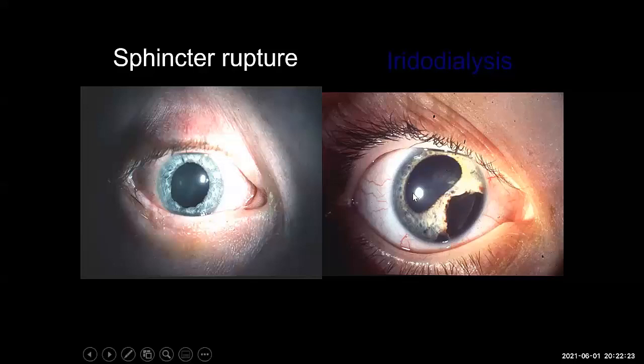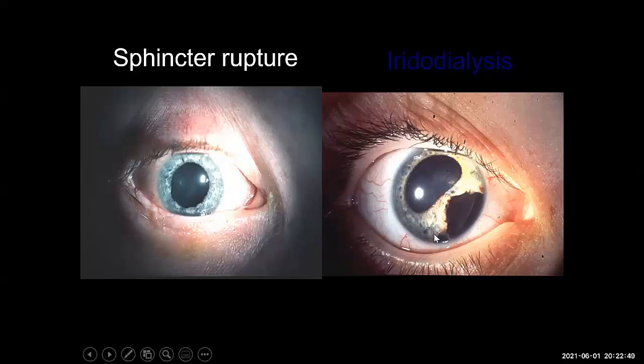Now this picture shows iris root dialysis. Like I said, it gives rise to a D-shaped pupil. So when the iris root gives way, like here, there's a large defect there. Now this patient can easily have a severe hyphema with this kind of injury.